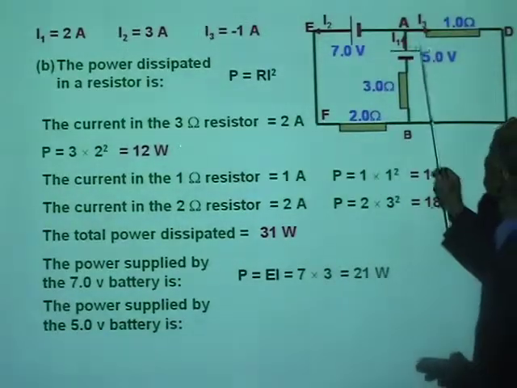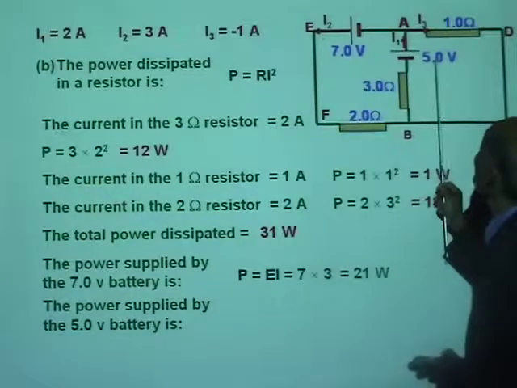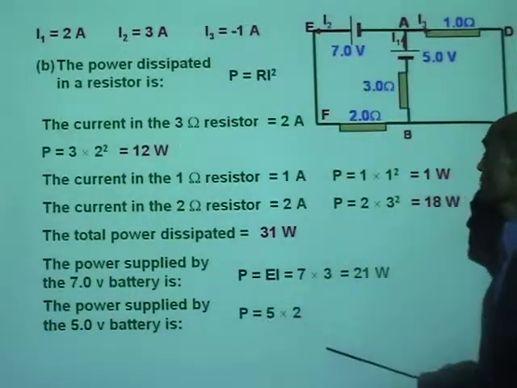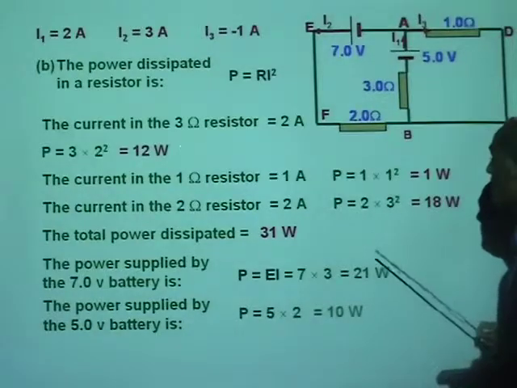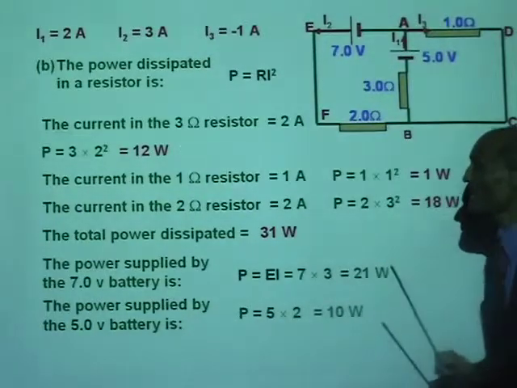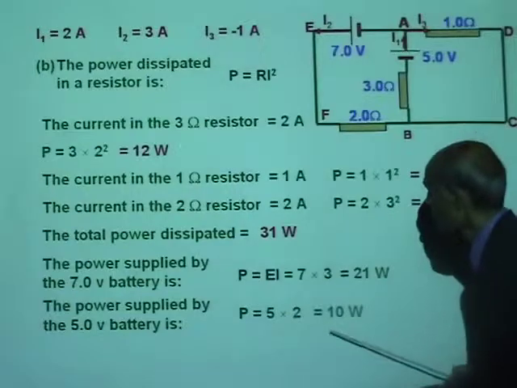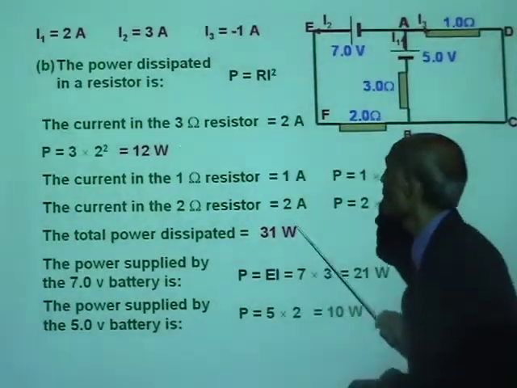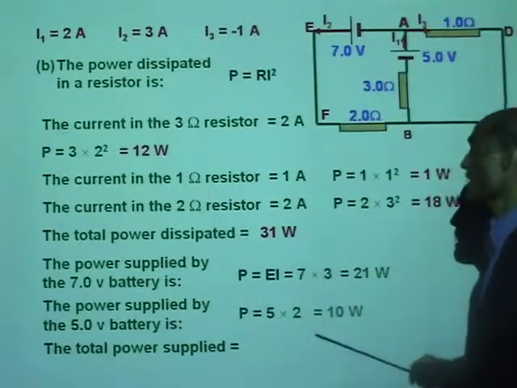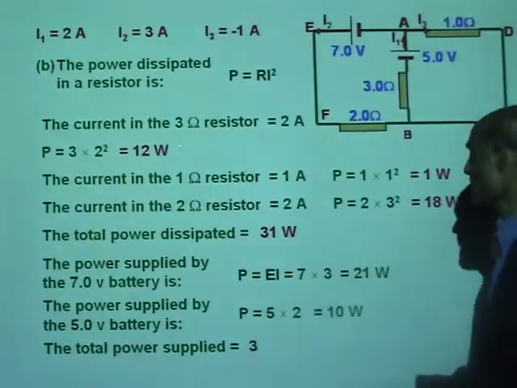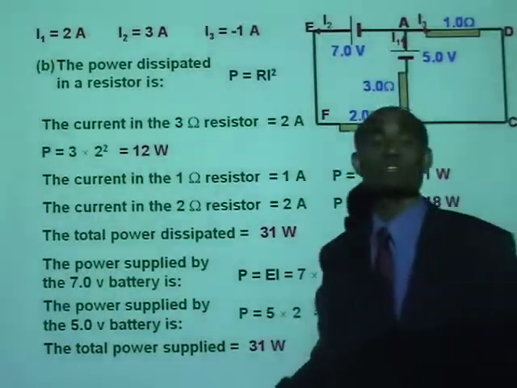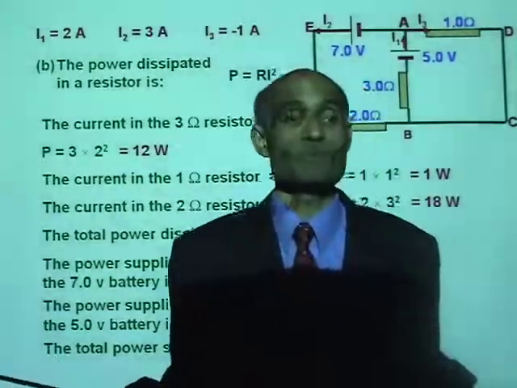And the power supplied by the 5 volt battery is 5 times I1, 5 times 2, that is 10 watt. You can see 21 plus 10 is 31. The total power supplied equal to 31 watt, which is equal to the total power consumed.